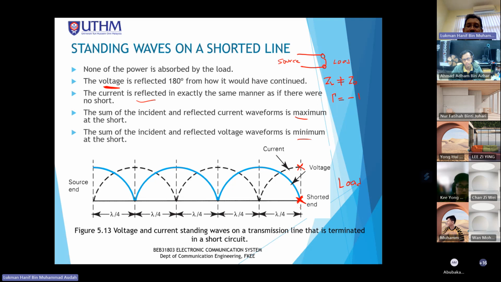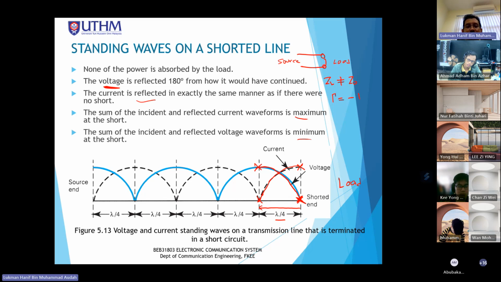If we move from the shorted line, the load side, towards the source for about lambda over 4 distance, we're going to see that the voltage becomes maximum while the current becomes minimum.